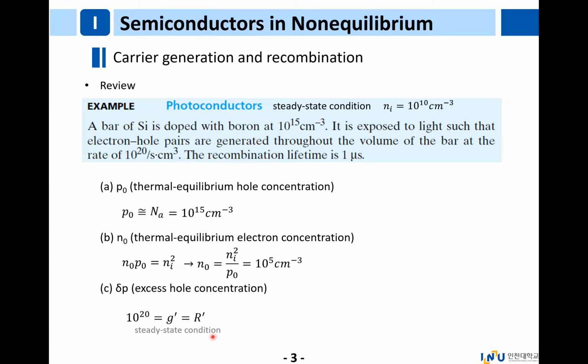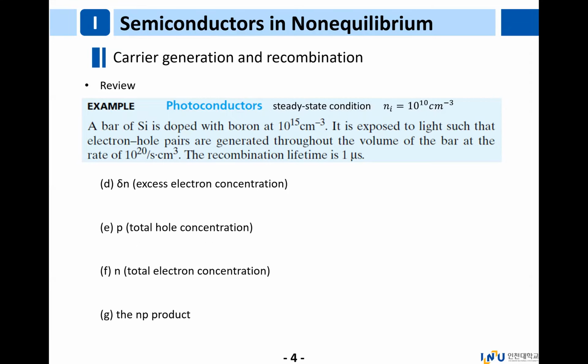Since the recombination rate can be defined using the recombination lifetime and the excess carrier concentration, the excess carrier concentration can be calculated using the recombination lifetime as follows.